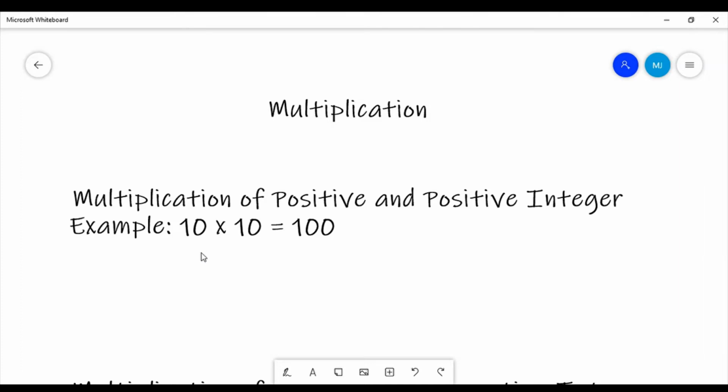Simply multiply the number. Yun lang po. Pag minultiply lang po natin yung dalawang number, then the result is positive. Again, pag positive and positive integer po ang minumultiply natin, imumultiply lang po natin yung dalawang number and then the sign is positive.